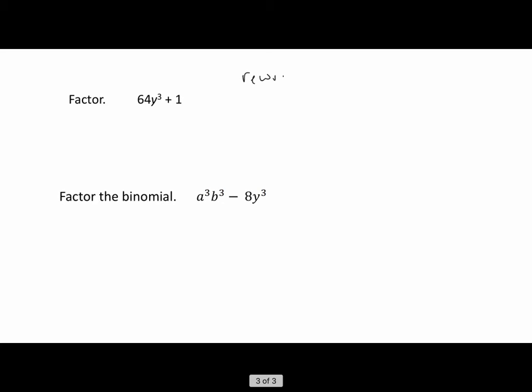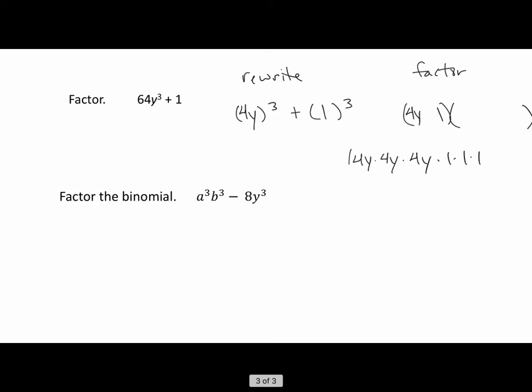Some more examples here. We want to first rewrite the problem before we can actually factor. So let's identify what kind of cubes we're working with here. For the first term, that's 4y being cubed. And the second term, that's 1. So we know we'll have two factors here. The first factor is just what's being cubed, 4y and 1. For the second factor, I need to multiply 4y times 4y times 4y, and 1 three times.